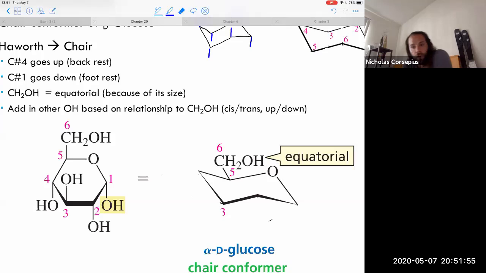And the starting point for how we figure out where everything else is, we have to put this big group in the equatorial position, right? So in the case of this particular glucofuranose or glucopyranose, we're going to stick that carbon 6 in the equatorial position.